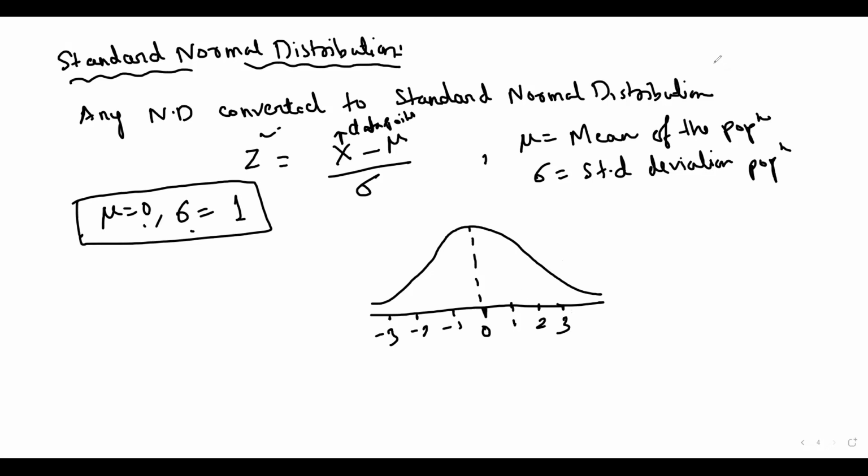Sorry, let me do it properly again. So let's say this is 1, this is 2, this is 3, and let me do it again.